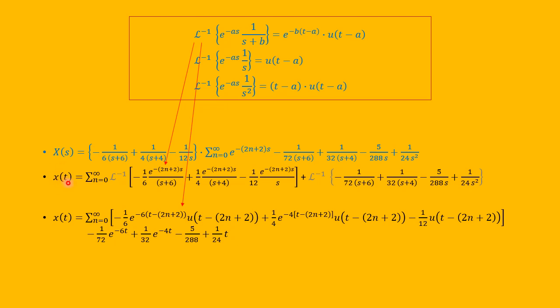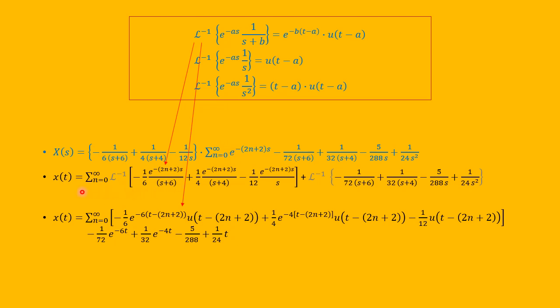So the first thing we'll do is to multiply this stuff out. So we'll start with this fraction, which is minus 1 over this stuff, times this sum, plus this fraction times this sum, minus this fraction times this sum.